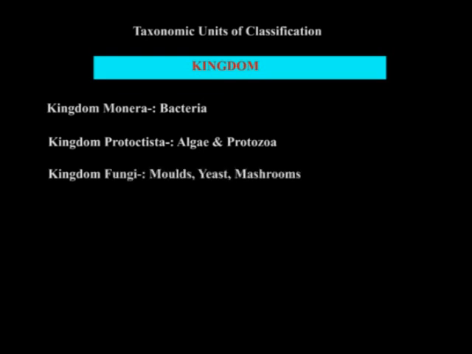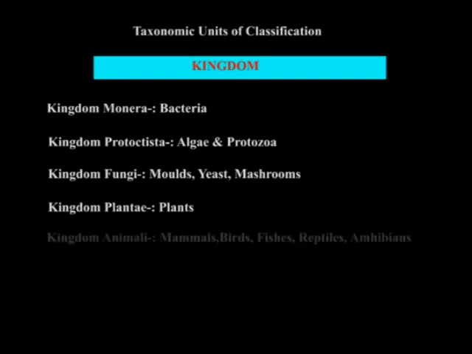Kingdom Fungi comprise the molds, yeast, and mushrooms. Kingdom Plantae comprises the plants, ferns, maize plants, garden pea, pine, trees, and many others. And Kingdom Animalia, whose members include mammals, birds, fishes, reptiles, and others.